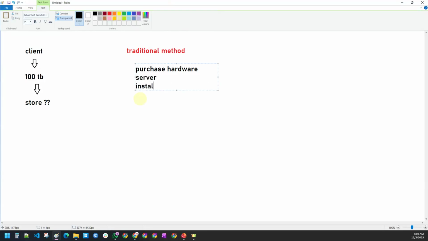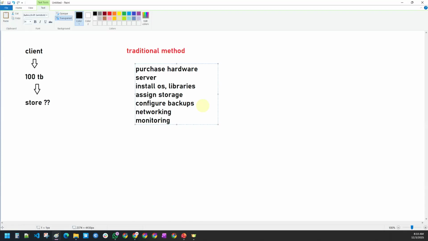You have to install the operating system and libraries that are required, configure the backups, assign the storage, and take care of the monitoring, maintenance, and networking.